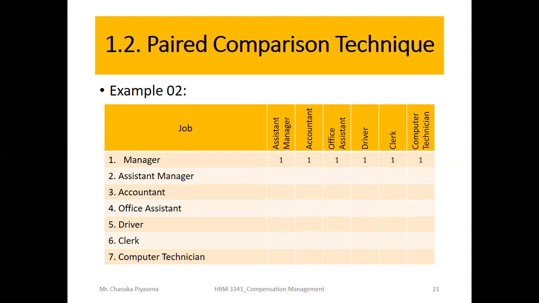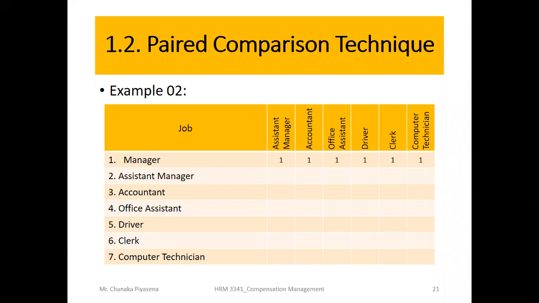Then the second column, in the third column, the job of manager is compared with the job of accountant. When we compare accountant and manager, who is the most important job? It is manager. Again, number 1.